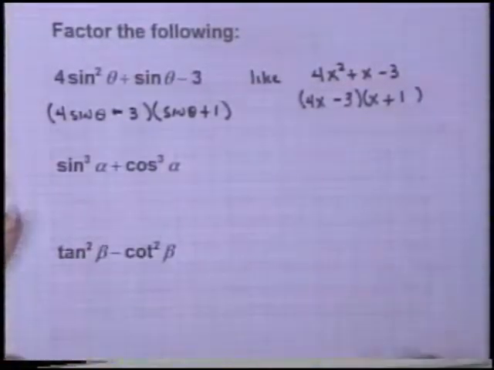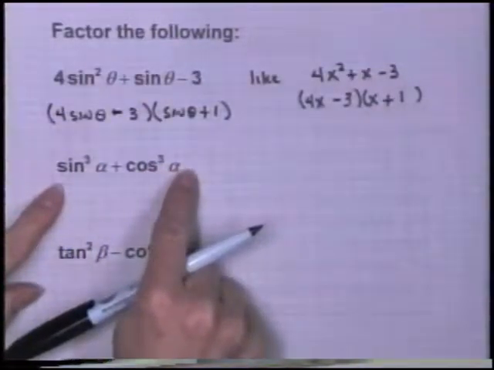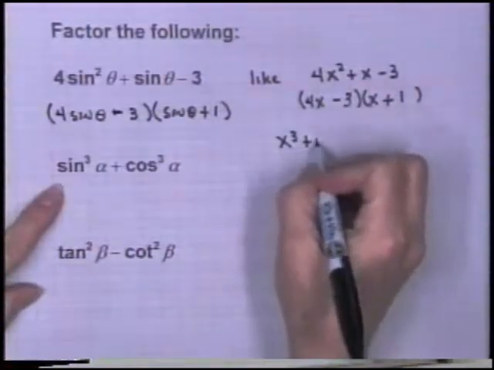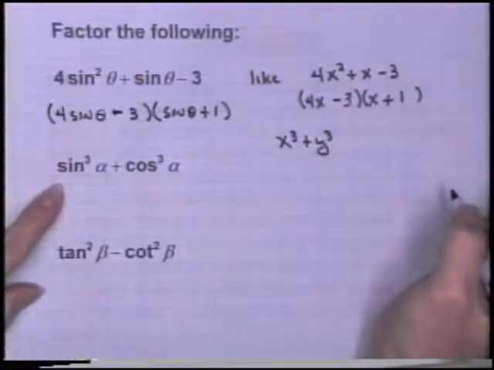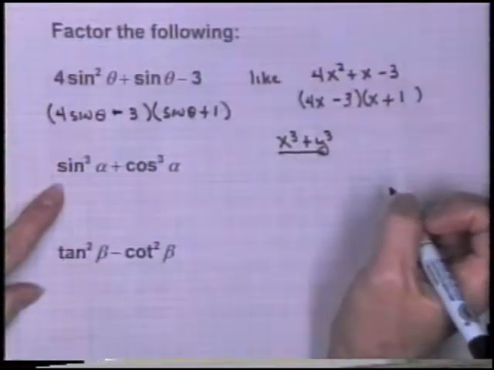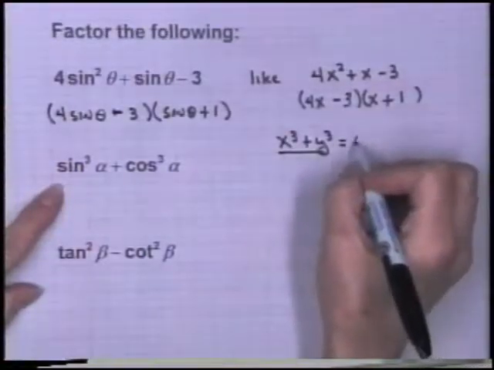Now this next one is one you may have forgotten, which is the reason I put it on here. Sine cubed alpha plus cosine cubed alpha. Do you remember x cubed plus y cubed, how you factor that? If you've forgotten that, you may need to go back and pick up the factoring tape and review factoring sum and difference of cubes.